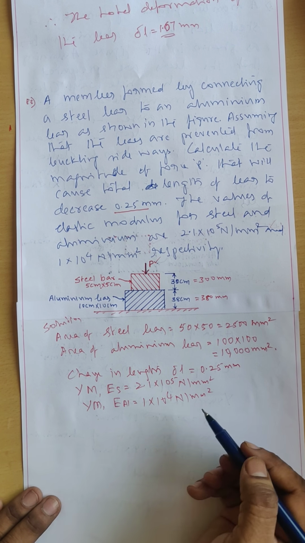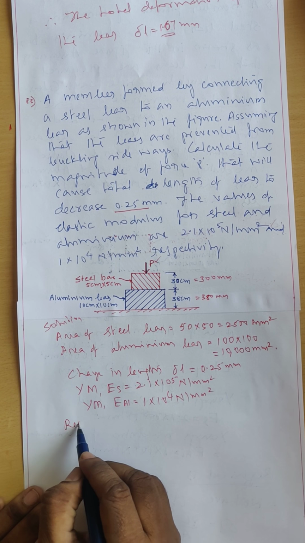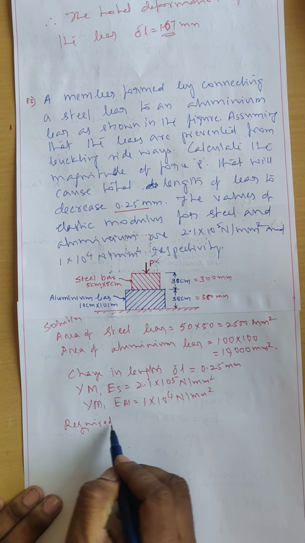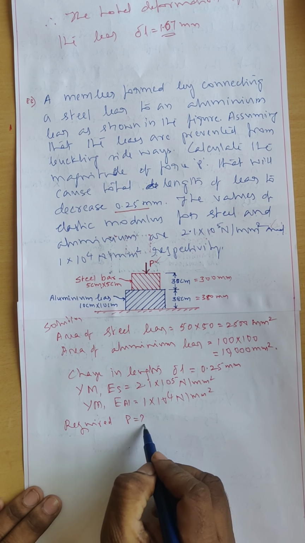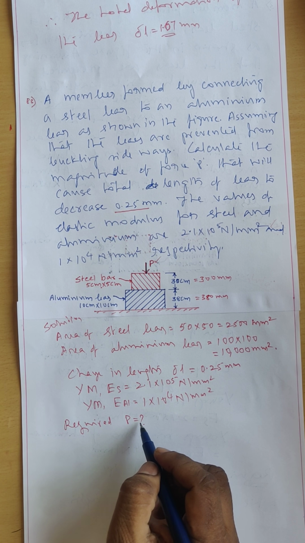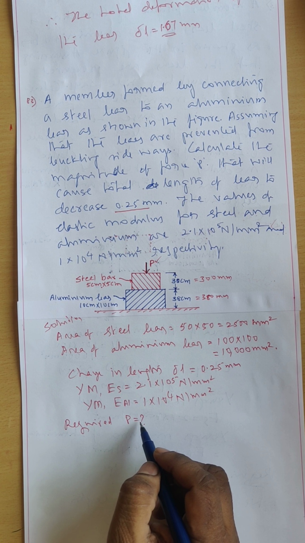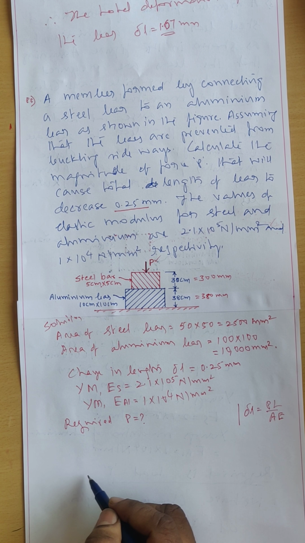We have to calculate P. We can calculate this P from the fundamental equation. Delta L is given. The equation is delta L equals PL by AE. Delta L we know, areas we know, lengths we know. We can calculate the value of P.